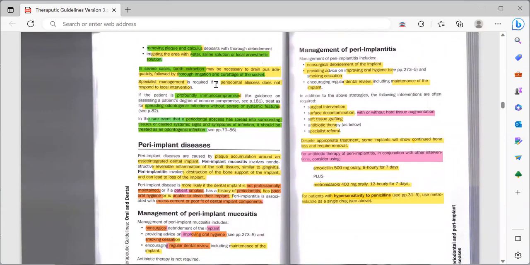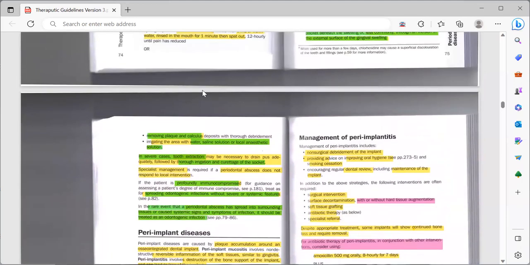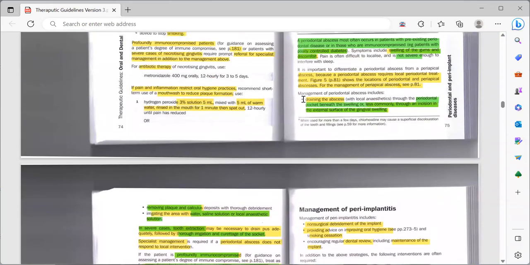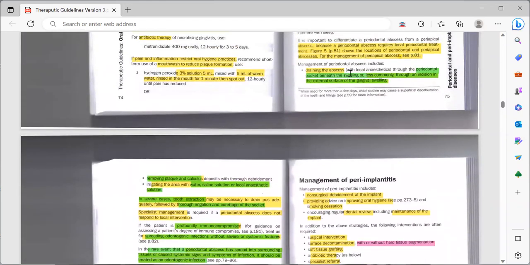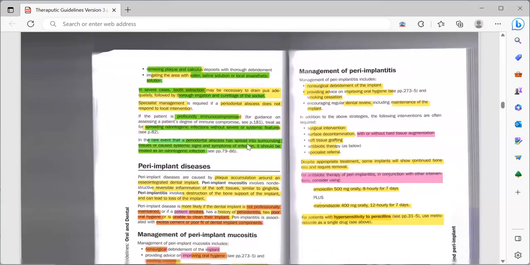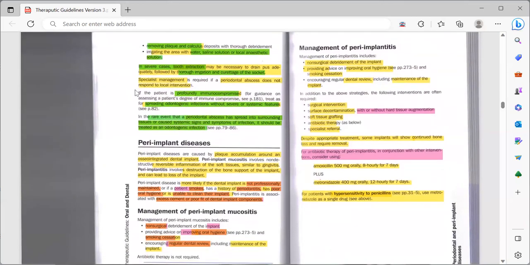And specialist management is required if a periodontal abscess does not respond to local intervention. The treatment is generally very simple, so they have given you these points which you need to perform as a general dentist. Even after doing this treatment, if your patient is still not responding, then the option you have is specialist management.